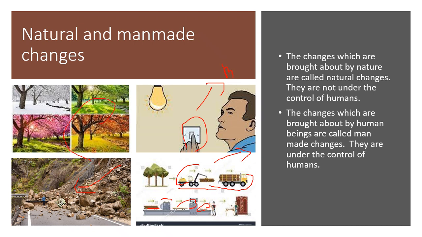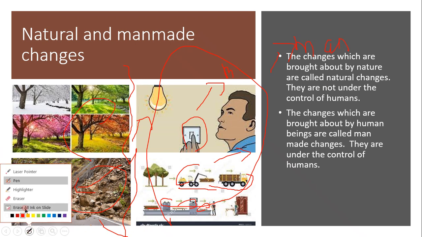But these changes are not in our control. What is not in our control is called natural changes, and that which is in our control are man-made changes, right? Hope all understood this one.